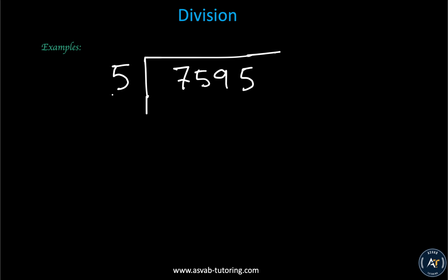In order to do that, the first thing you need to do is take one digit with one digit. So how many times does 5 go into 7? One time. So 5 times 1 is 5. Subtract it. You get 2, bring this 5 down.